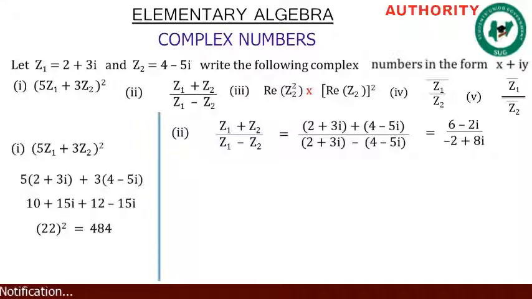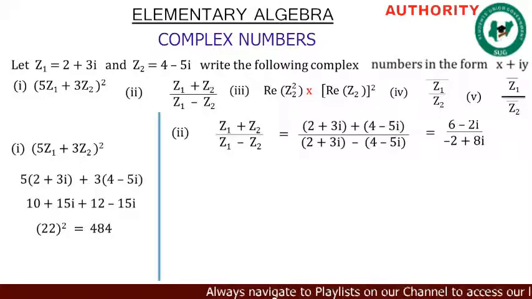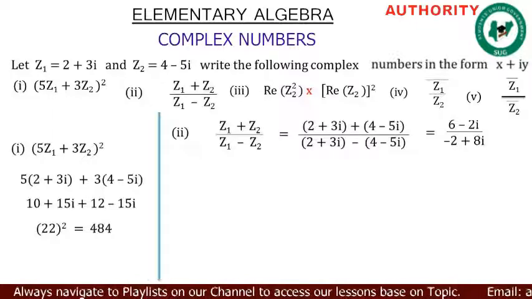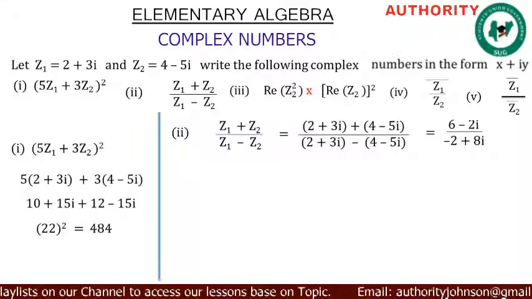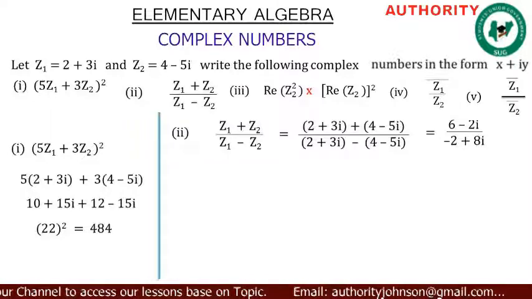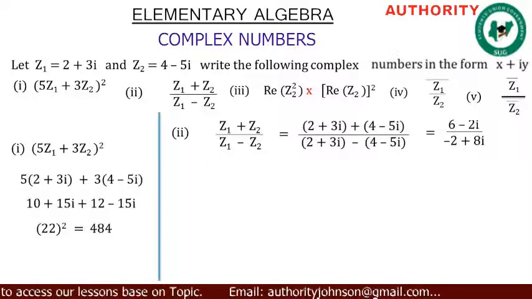In the denominator, 2 minus 4 gives us minus 2, and then 3i minus minus 5i is 3i plus 5i, which is plus 8i. So we have 6 minus 2i all over minus 2 plus 8i.